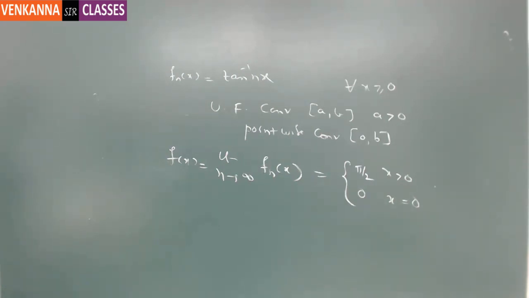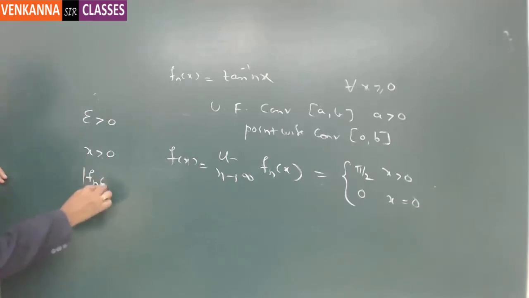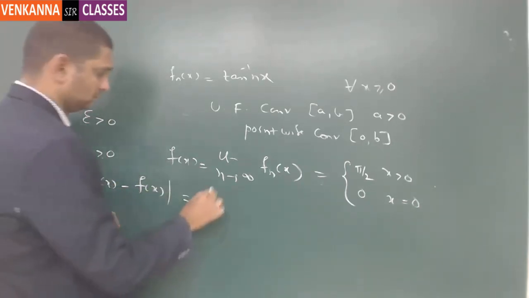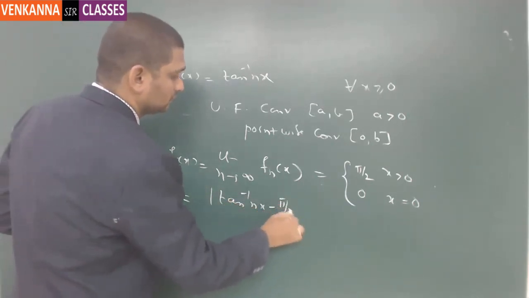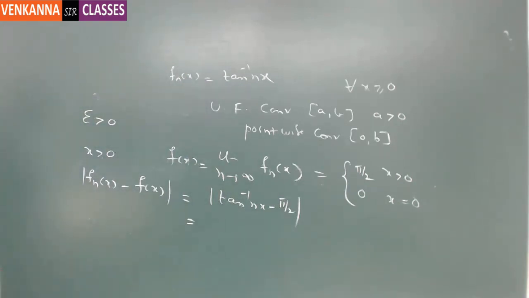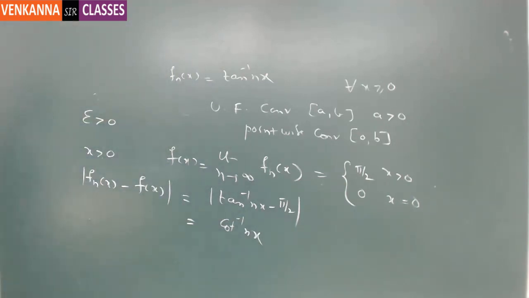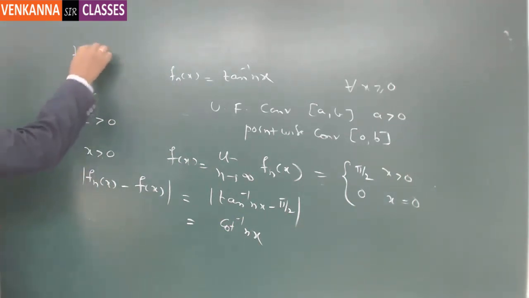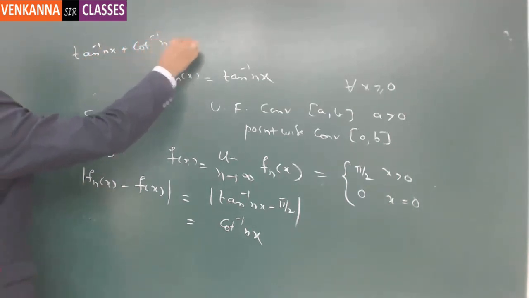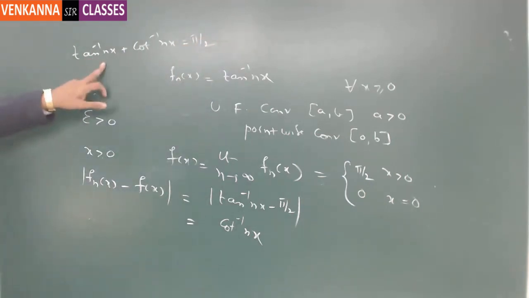Now, let us use the epsilon technique here. So, if you take x as positive, what could be this value? Can you tell? Can I take it as cot inverse nx? Is this a valid thing with regard to trigonometry?